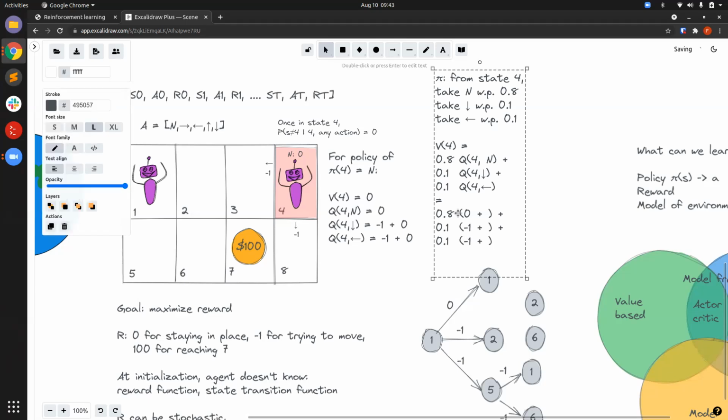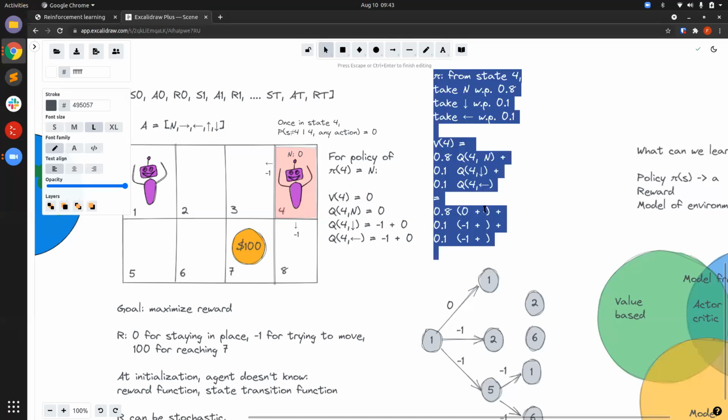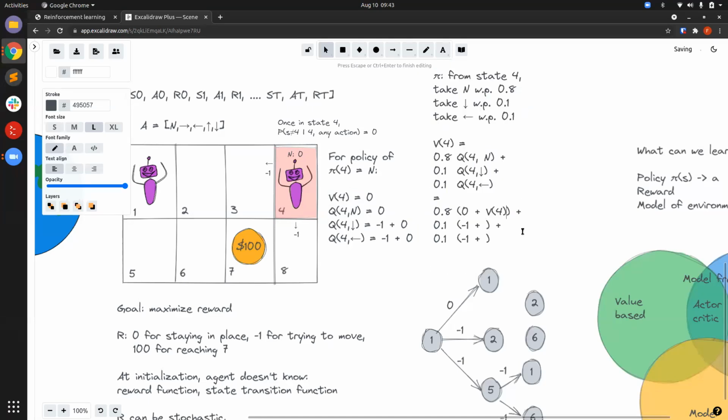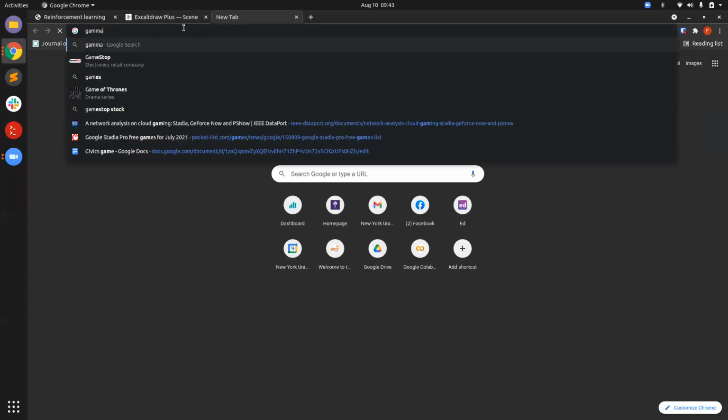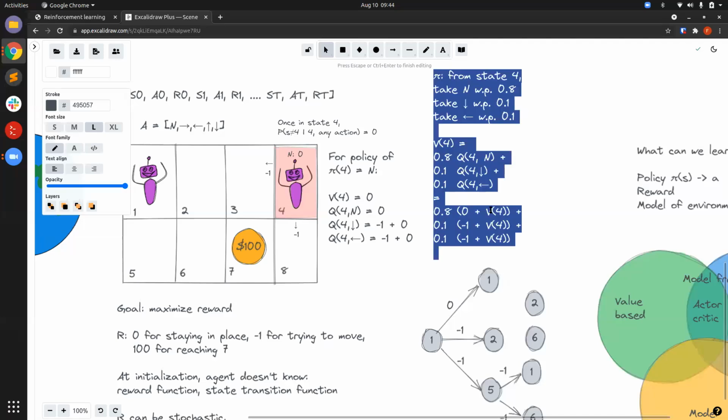So for each action we might possibly take in that state, we have our current reward, and then we have our expected future reward, where this is going to be some discounted future reward.